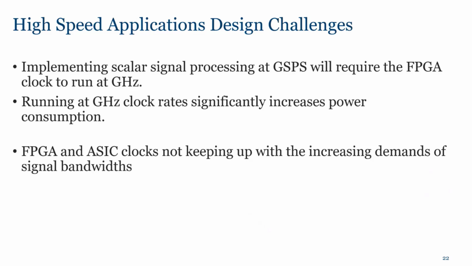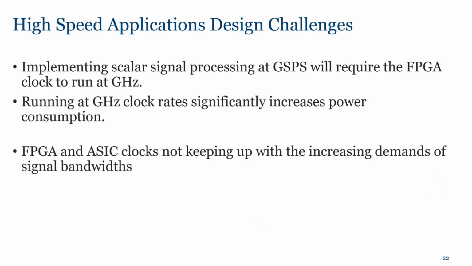Another note on the challenges that we have today with high-speed application design is that we know that implementing scalar signal processing at a gigasample per second would require the FPGA clock itself to run at gigahertz. And having gigahertz clock rates will significantly increase the power consumption.